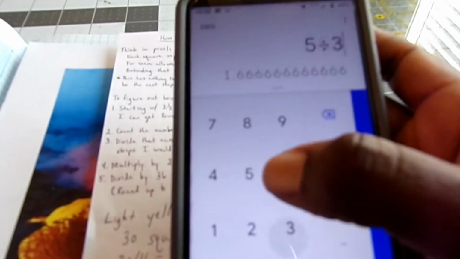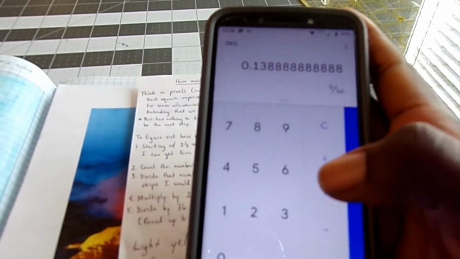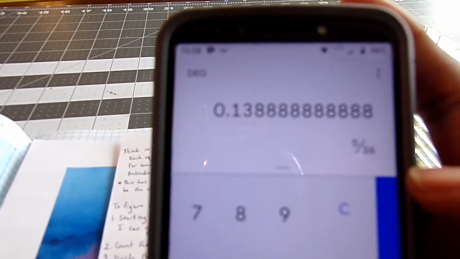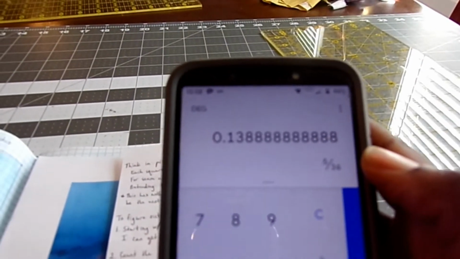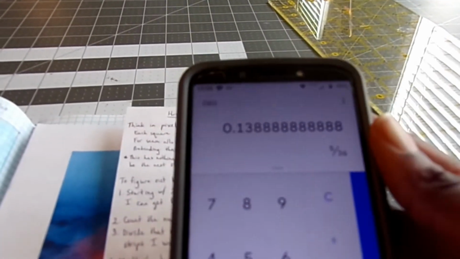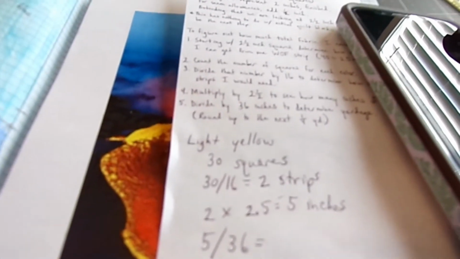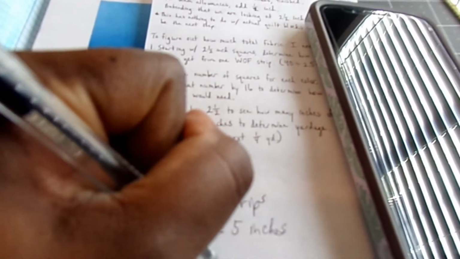And then I would divide that 5 inches by 36 and see what we get here. 5 divided by 36 equals 0.13888888 and so on. Again, rounding up to the next quarter yard. So really, I would only need 1 fat quarter of the yellow.